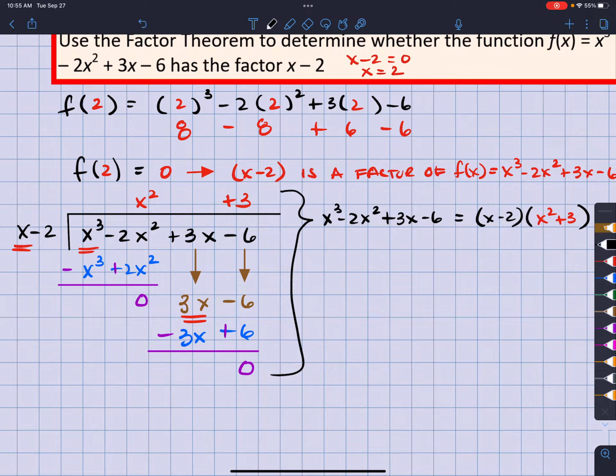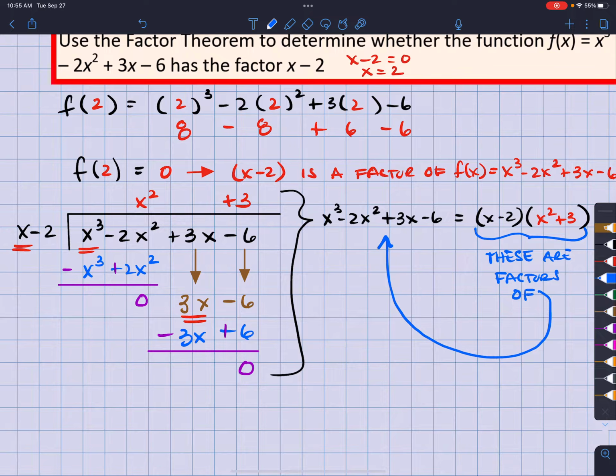Now, if I was to look for 0, I've found my factors, right? So let me write this down. These are factors of this.